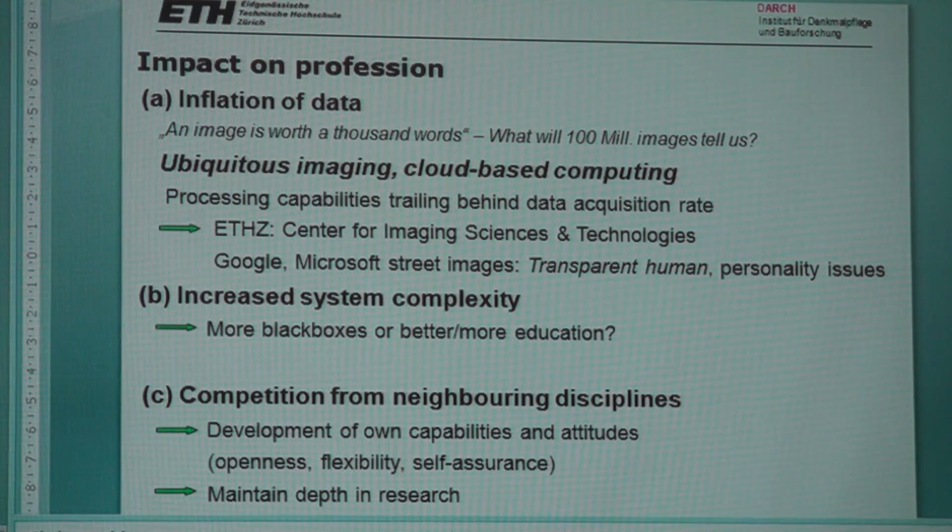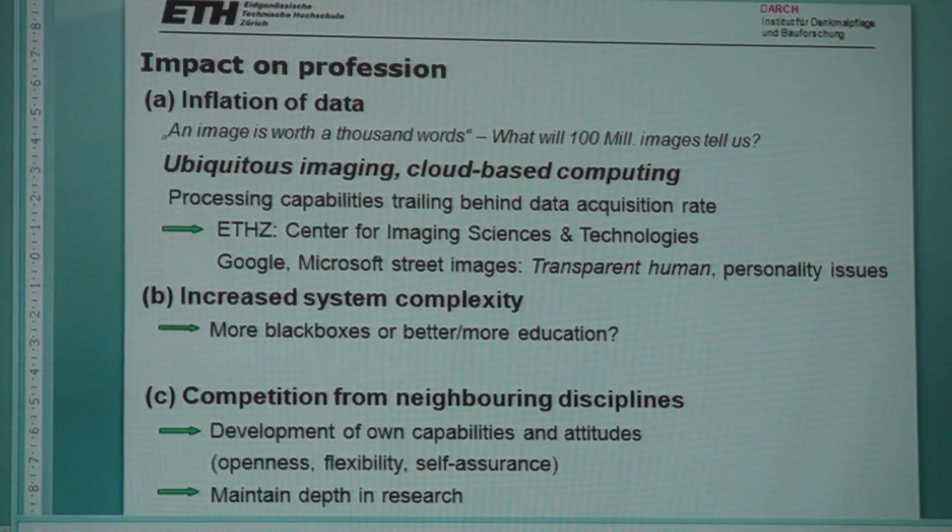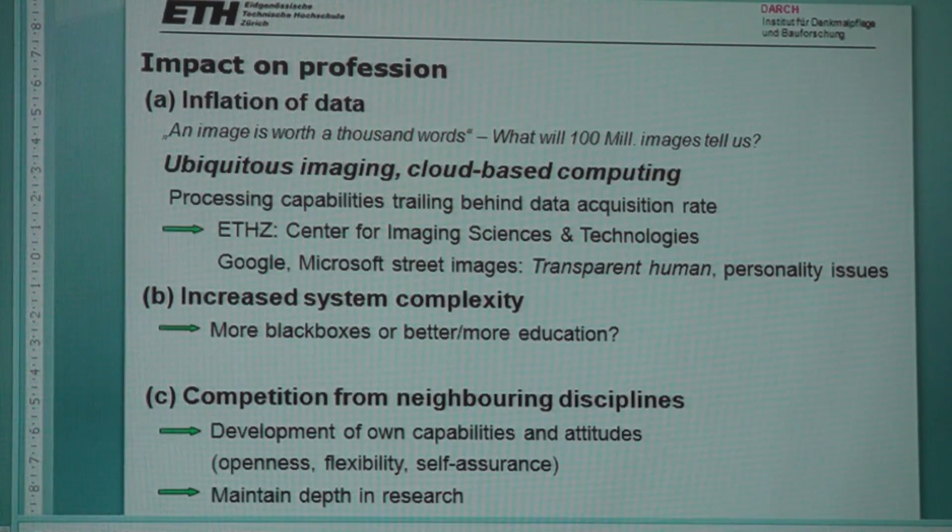Does it mean we need more black boxes? Or does it mean we need better education? I don't know any black boxes, by the way, at least not in photogrammetry. Nothing works really automatically, except the production of an orthophoto, if the DTM is given already. So I vote clearly for better and more education. That's for me the only way to go.